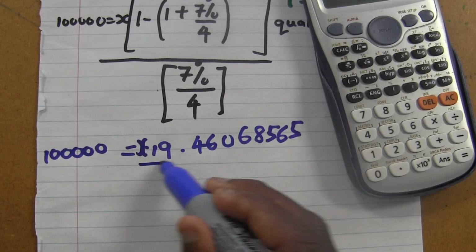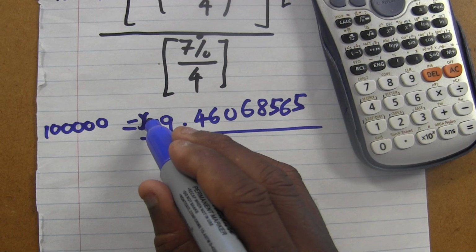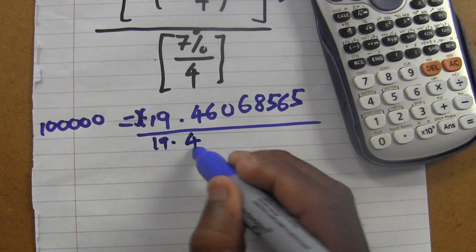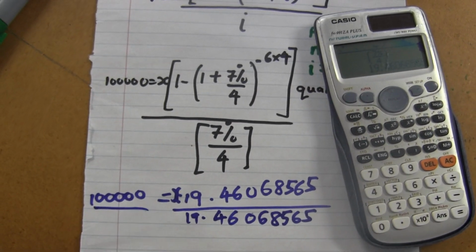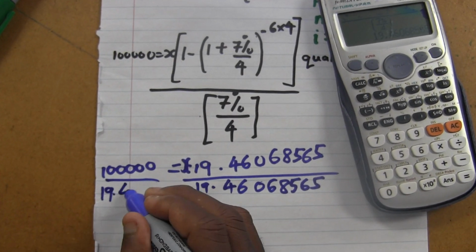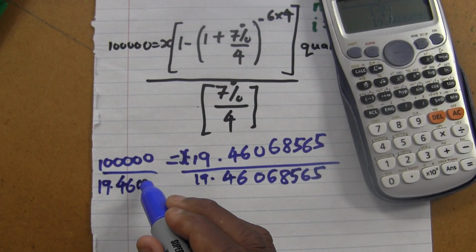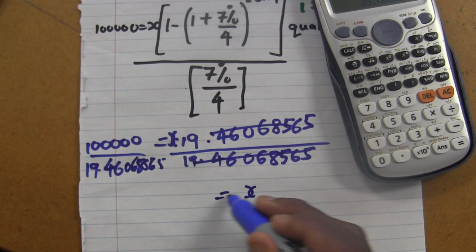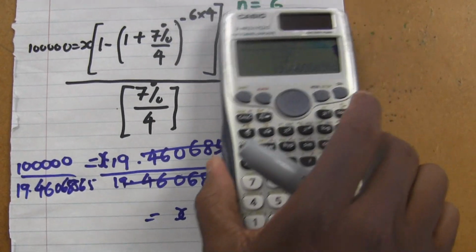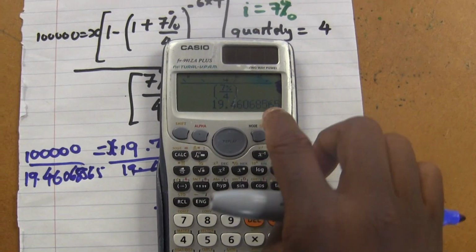So we need the value of x. Divide by the answer throughout. Since I want x, I don't need this. So divide by 19.46068565 throughout. This is the value of x, the quarterly payment.